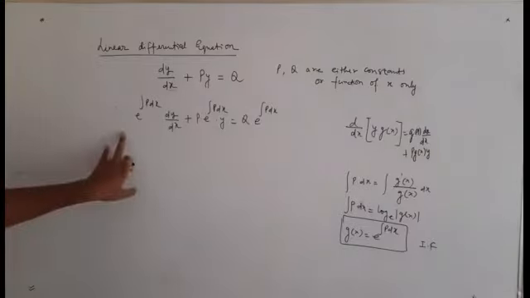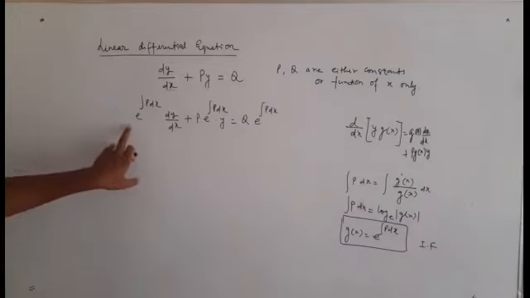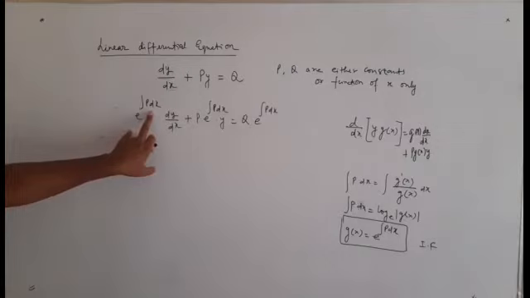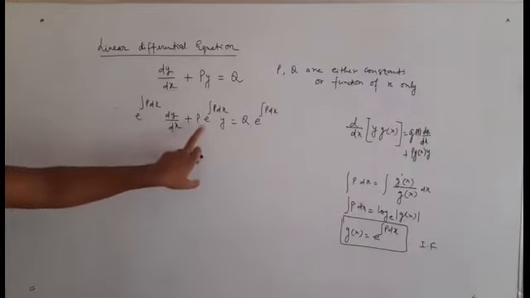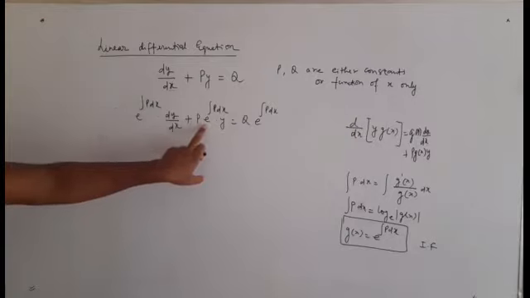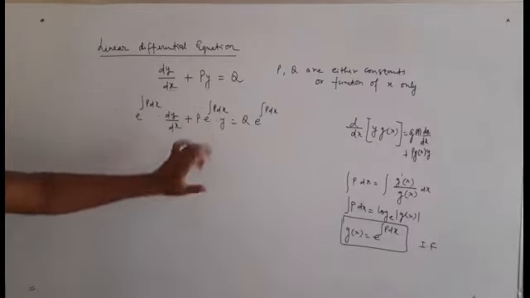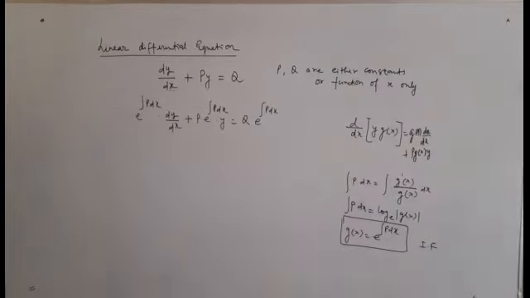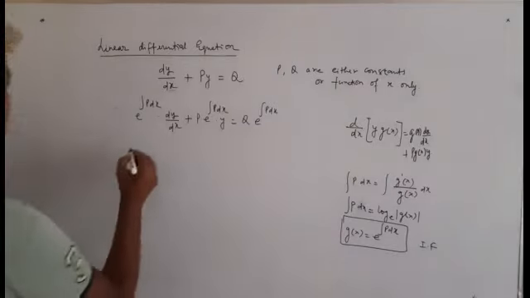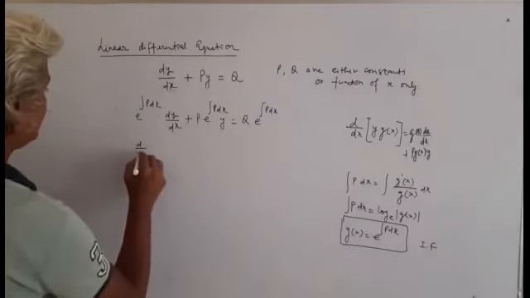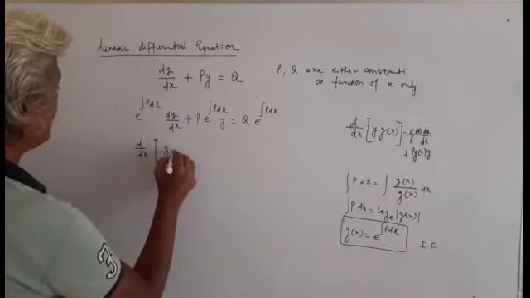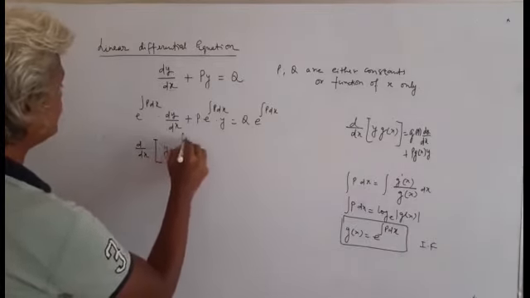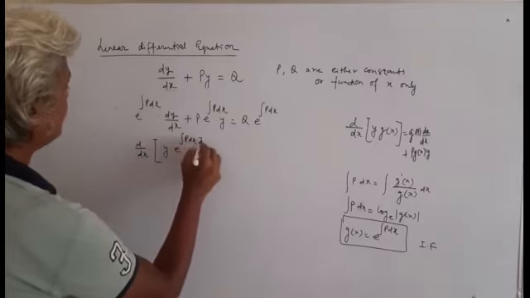Then you see that e to the power integration of P dx into dy/dx plus this one, e to the power integration of P dx, is just d/dx of y into e to the power integration of P dx.